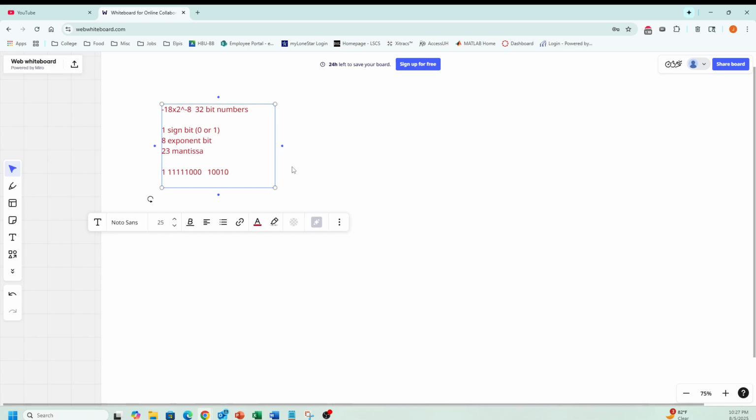Then we have to put 18 more zeros in there because those bits have not been accounted for, to fill the 23 bits: 2, 4, 6, 8, 10, 12, 14, 16, 18. That's how you represent negative 18 times 2 to the negative 8 in 32-bit numbers. I hope this helped you guys understand it.